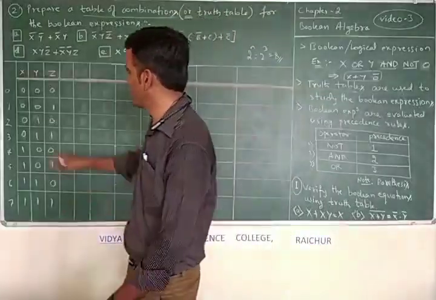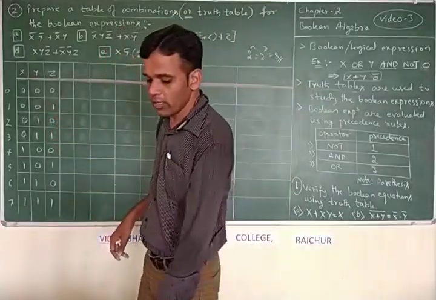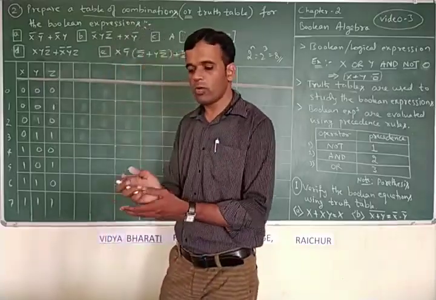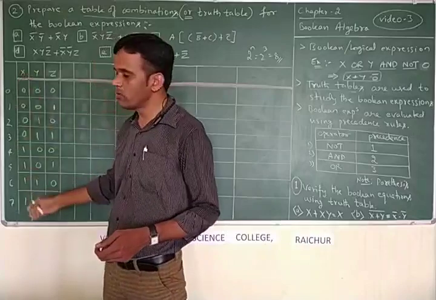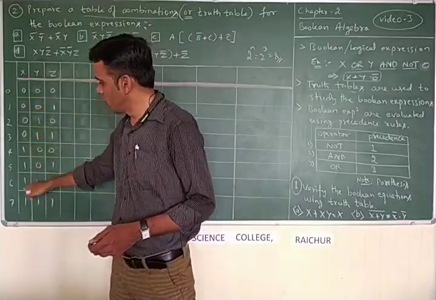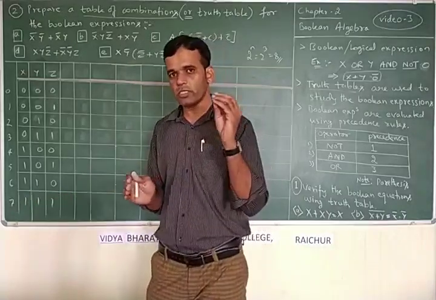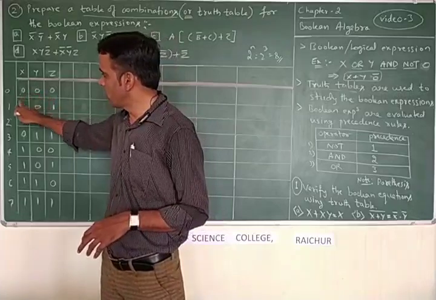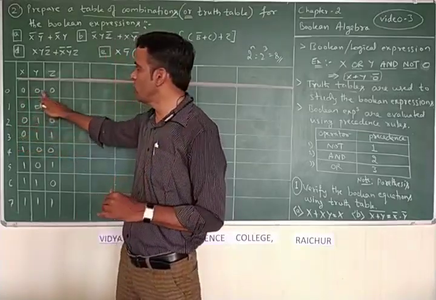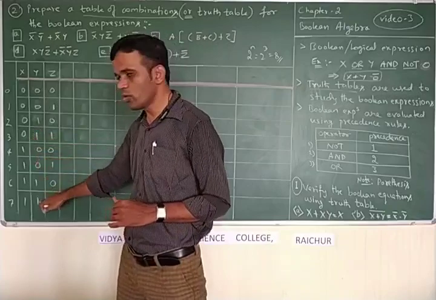Anyhow, just observe this one again. Or else you can follow one more method here. In the first column, you write 4 zeros, then 4 ones. You always start with 0. In the next column, you write half of that: 2 zeros, then 2 ones, 2 zeros, 2 ones.